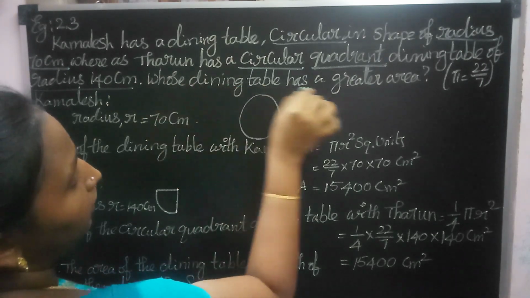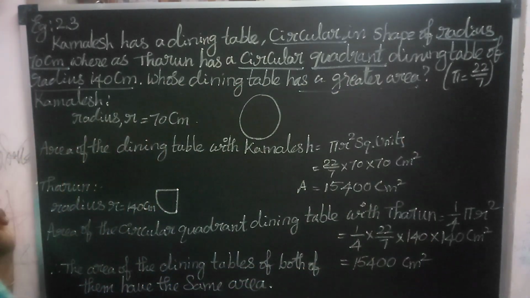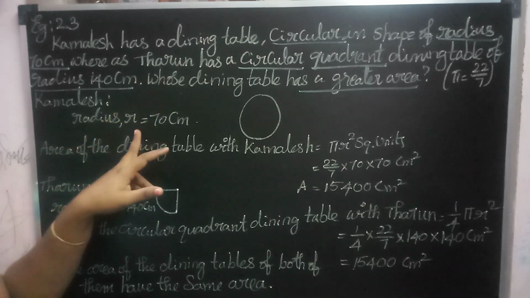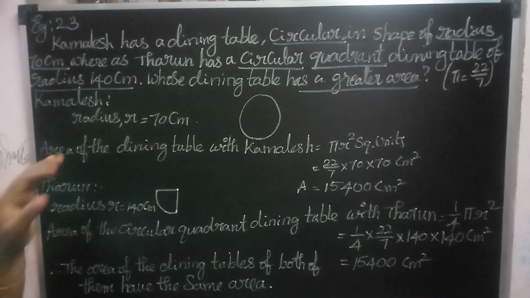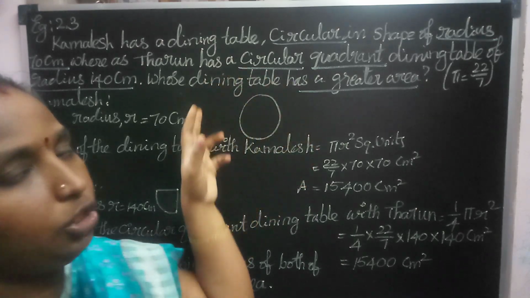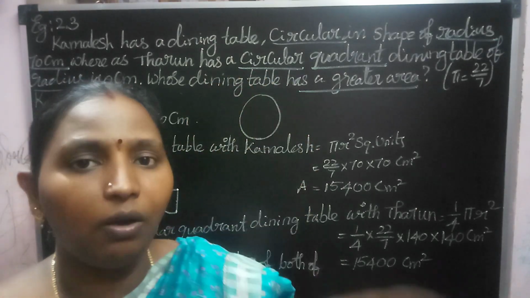They ask whose dining table has greater area, whether Kamalesh's dining table has greater area or Tarun's dining table has greater area. We are going to find. So first write Kamalesh. Radius is r equal to 70 centimeter. So area of the dining table with Kamalesh, it is in the shape of what? Circle. What is the area of the circle?